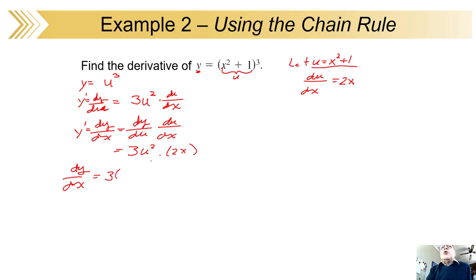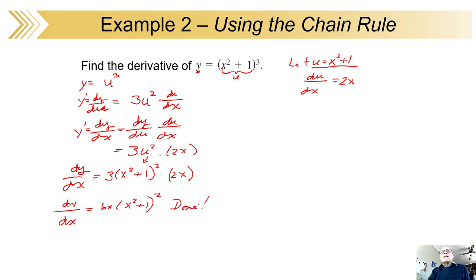Instead of u, it represents x squared plus 1. So we've taken this and we'll put the x squared plus 1 back in where it needed to be. That's times the derivative of the inside function, and we have a little bit of cleanup at the end here. The dy/dx that we really wanted is, we're going to move the 2x out front, 6x times x squared plus 1 squared. Done. That's it.